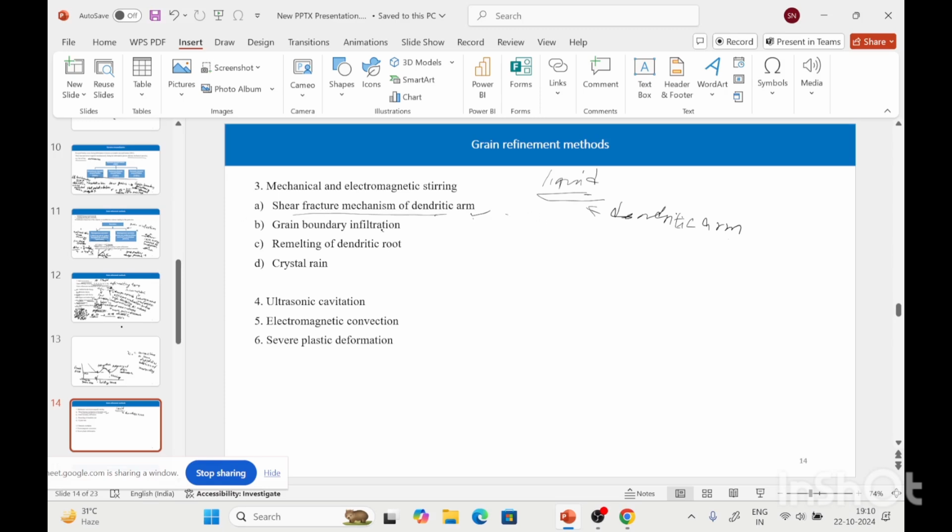Second is the grain boundary infiltration, in which the low angle grain boundaries transform into high angle grain boundaries by the plastic bending mechanism, meaning plastic bending of dendritic arms.